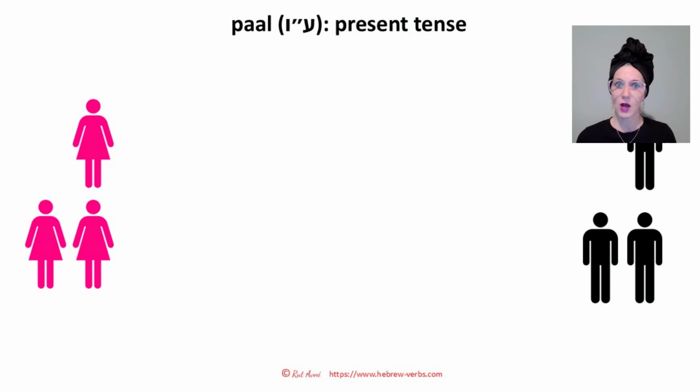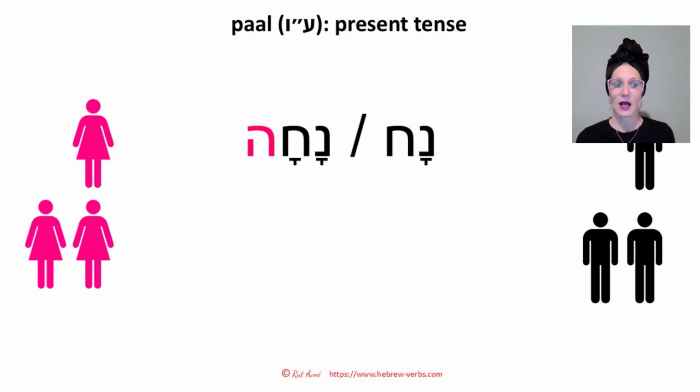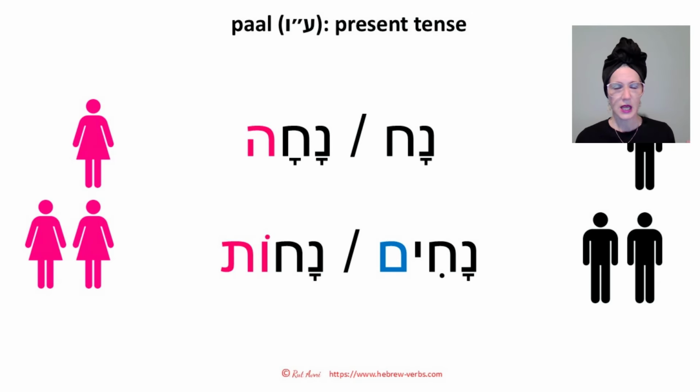Now we come back to lanoach. Do the same, and you will end up with nach, nacha, nachim, nachot. You see, once the pattern is in your brain, you cannot do something else, actually.